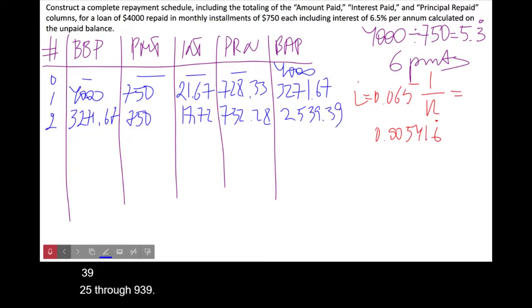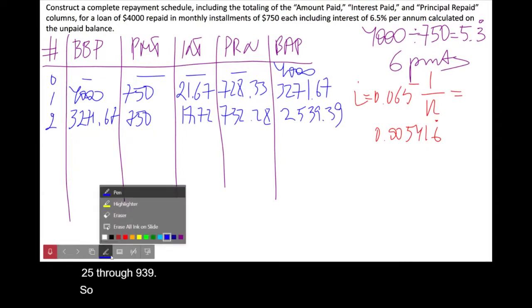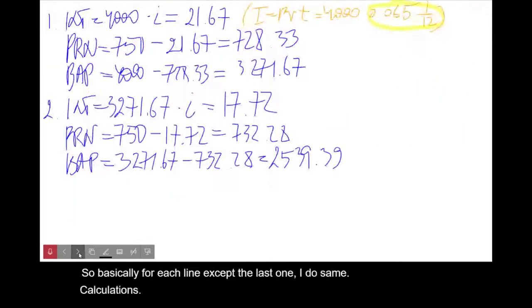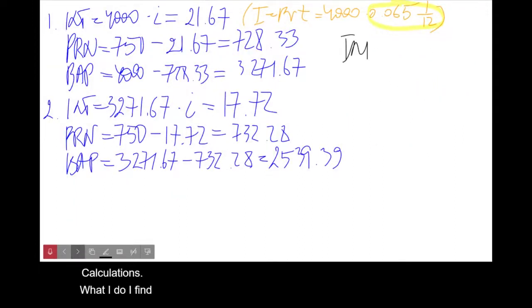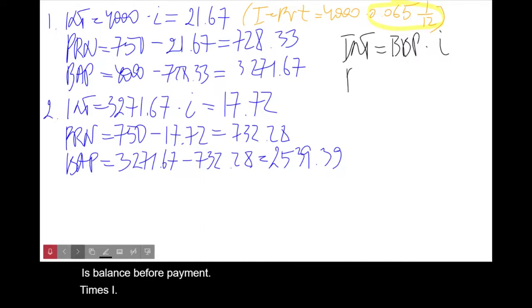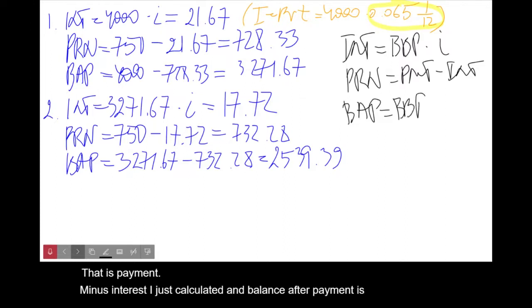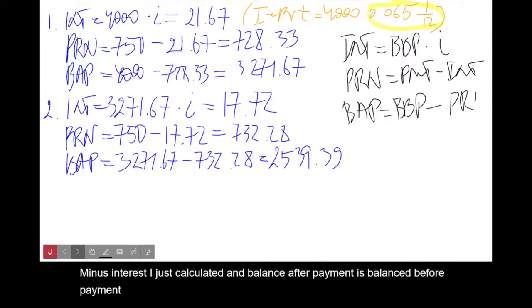So basically, for each line except the last one, I do the same calculations. I find interest, which is balance before payment times I. I find principal, that is payment minus the interest I just calculated, and balance after payment is balance before payment minus principal.